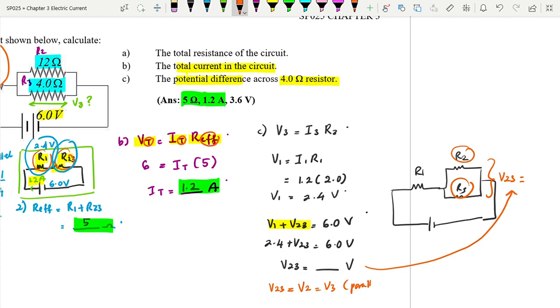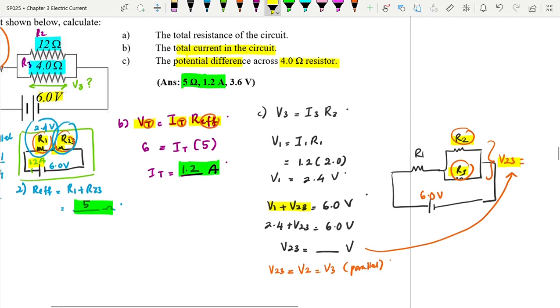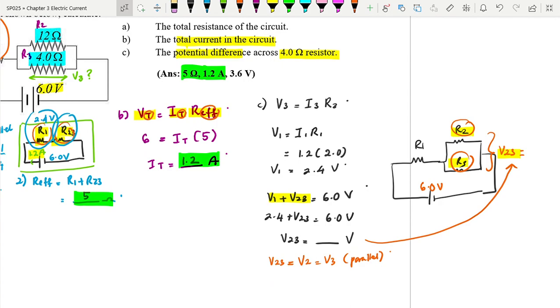The reason why is, sebab semua orang tahu parallel V mesti sama dengan total. Okay, jangan tertukar dengan total battery. Sebab semua resistor dalam circuit ni bukan parallel. Jadi, yang kita nak fokus totalnya adalah ini sahaja. Jadi, total dia akan sama dengan V2 dengan V3. Bermaksud, kita boleh straight away dapat V3 punya nilai daripada jawapan V23. So, itu sebenarnya nilai V3 juga. So, memang kita aim nak cari V3 kan?